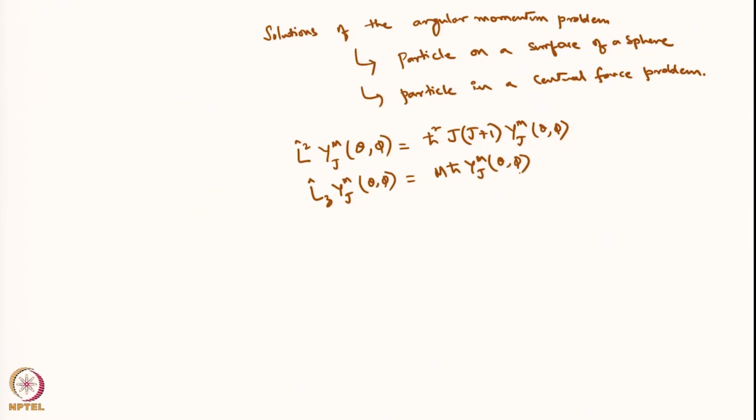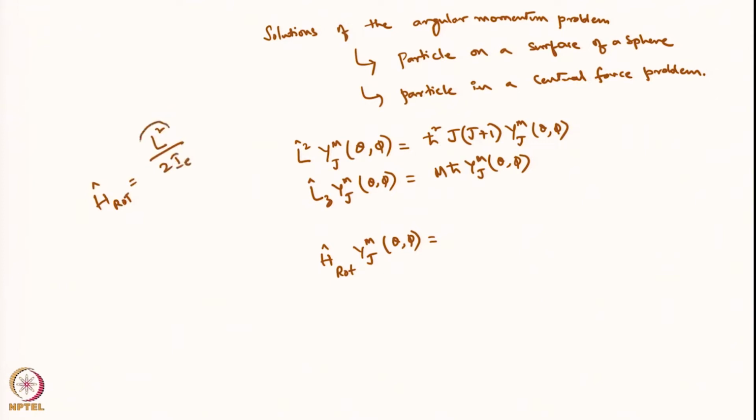Now using this one can write H rotation acting on Yjm theta and phi. H rotation was equal to L square by 2IE.